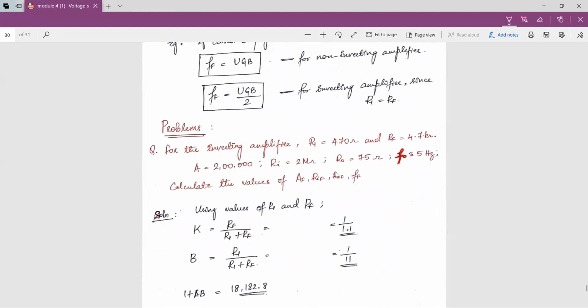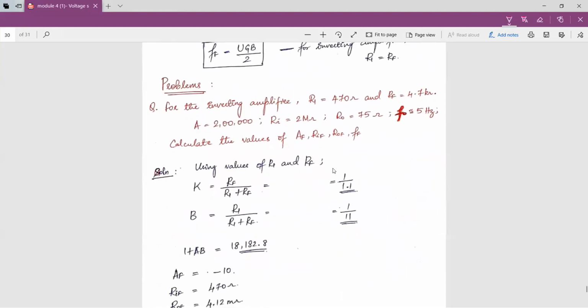And now we have a few problems to solve, wherein for the inverting amplifier, R1 and RF values are given, gain is also given, input resistance and output resistance of the op-amp is given along with the break frequency. Now you are supposed to find the values of gain with feedback, input resistance and output resistance with feedback, and bandwidth with feedback.